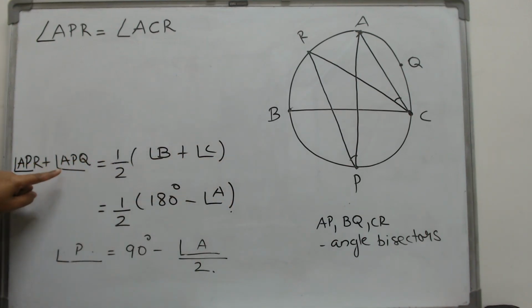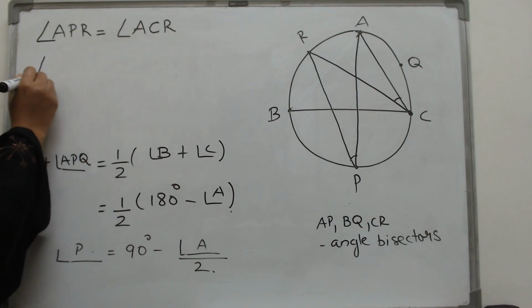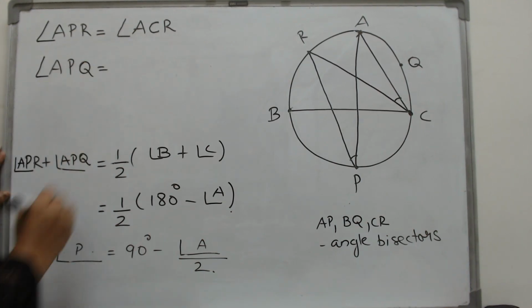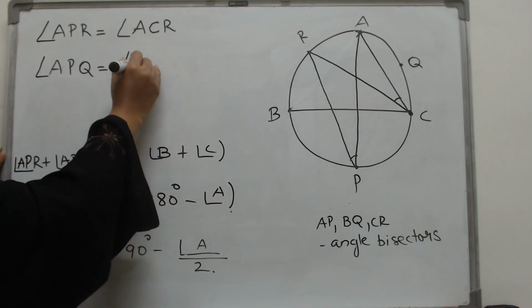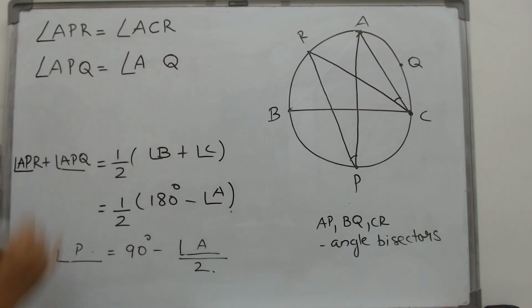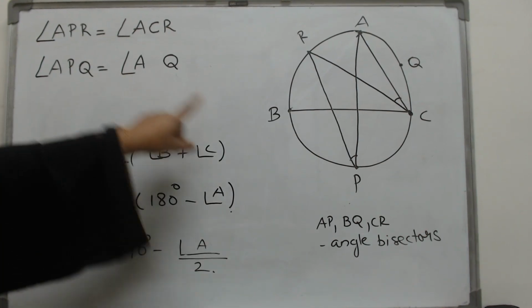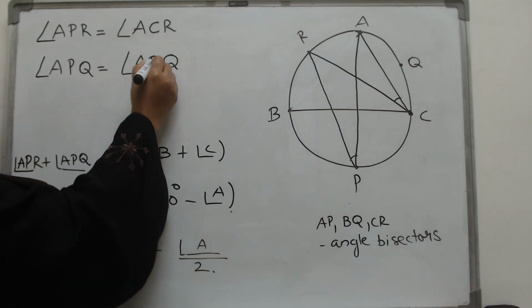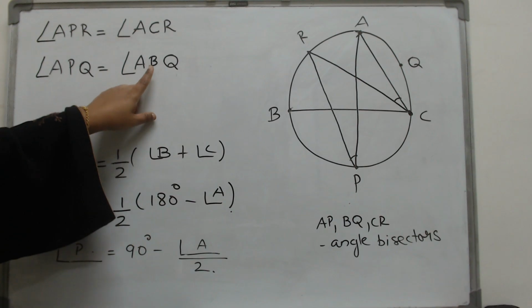Now let us take the second angle in the LHS. What is that? It is APQ. What is it? It is the angle made by the arc AQ. Can you think of any other angle which AQ makes? Here you can see that BQ is an angle bisector, and you know that AB is a side.